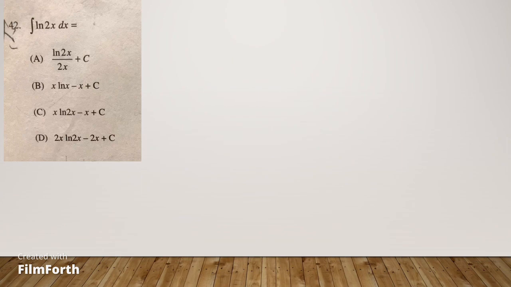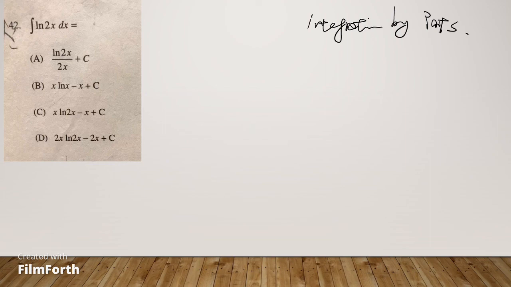Next question, 42. This is a simple integral question that we need to use the method of integration by parts. This is the first time we do a question by using integration by parts.